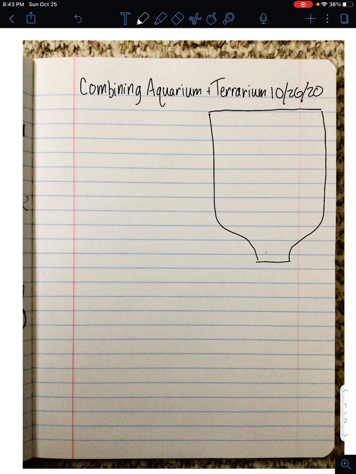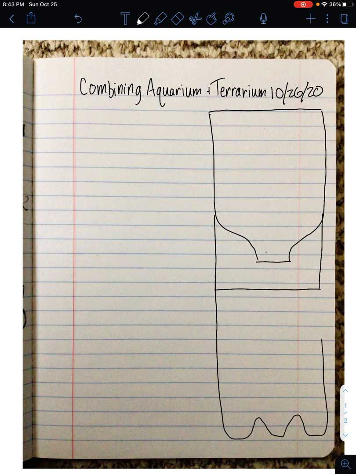So look at the shape that I'm drawing and try to copy this shape into your notebook. That's our terrarium. Then we have the connector piece that goes in between the two, like that. And finally, we have the aquarium that sits on the bottom. Copy this shape into your science notebook.